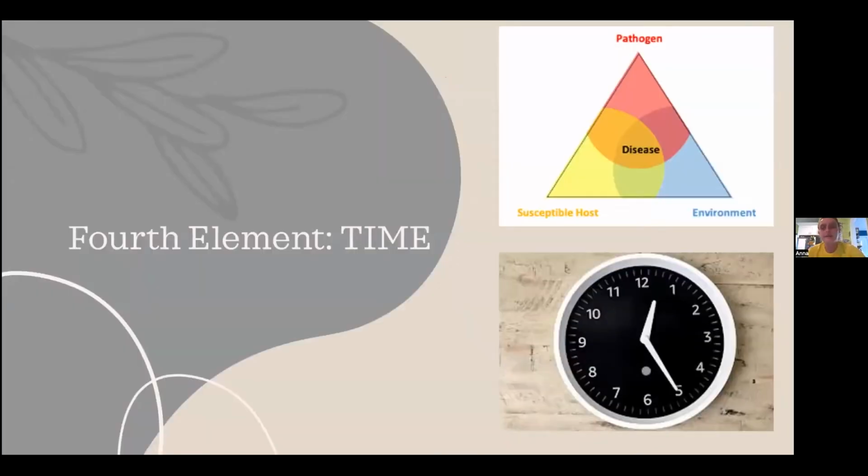I would add a fourth element to this disease triangle, and that's time. You can have all three of these things in a room together, and it might take years, it might take hours, it might take weeks for that pathogen to infect the susceptible host if the environmental conditions are correct.